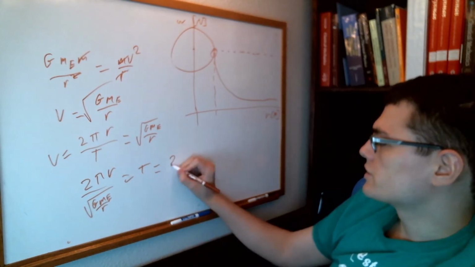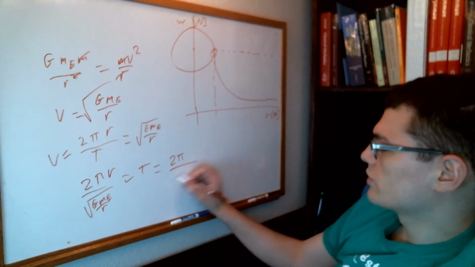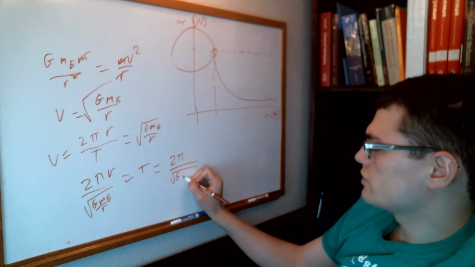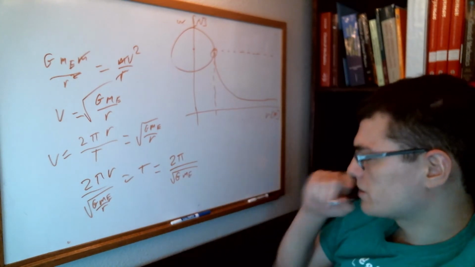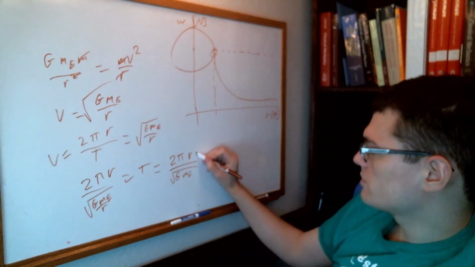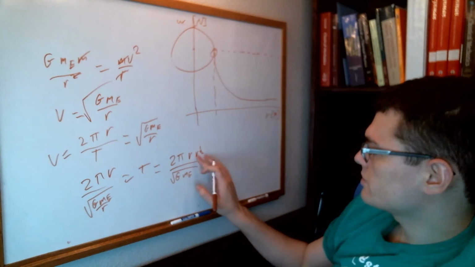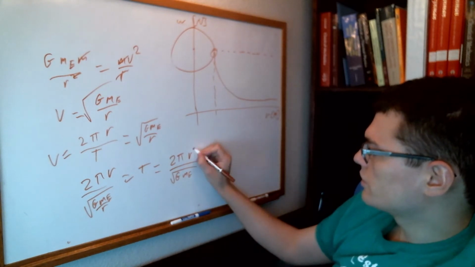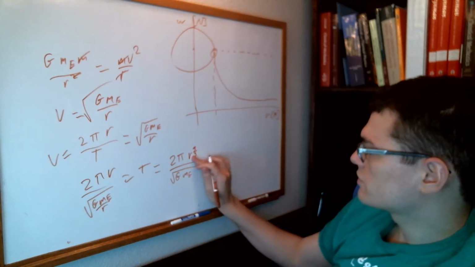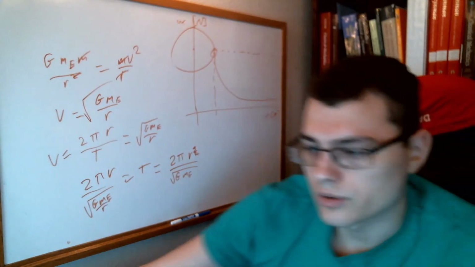We can say that 2 pi comes out front, and then on the bottom you're going to have the square root of G times M_E, and then you're going to have this r times r to the 1/2 on the top here. So then you can add these up, and very quickly you get r to the 3/2. And so then this is going to be your period equation.